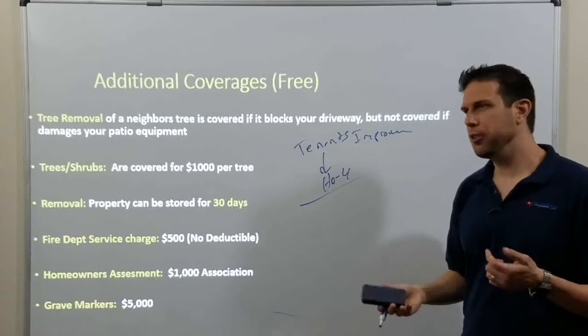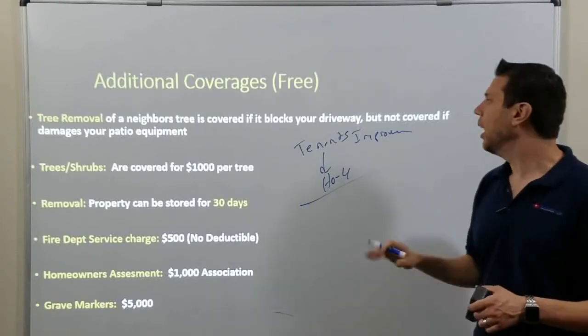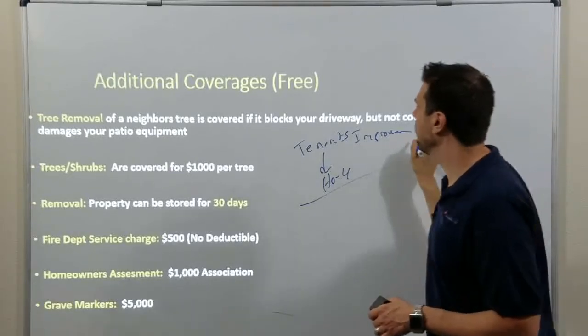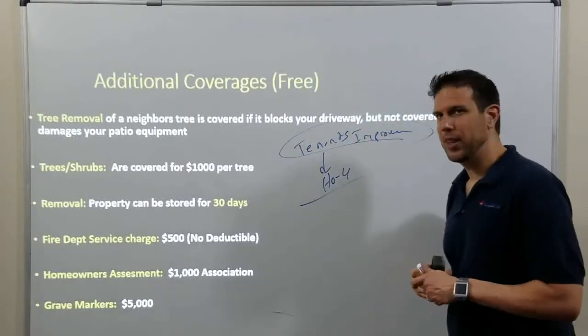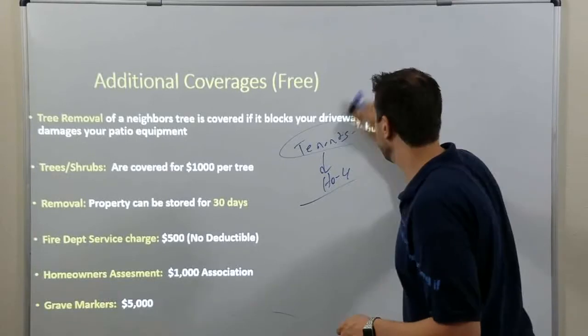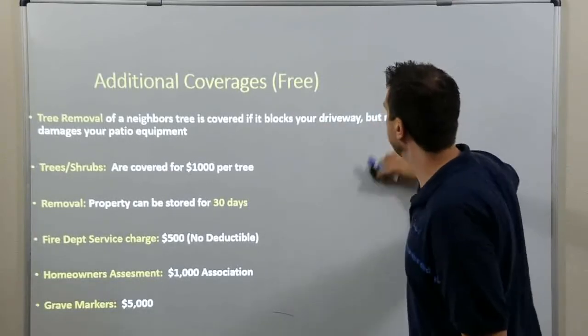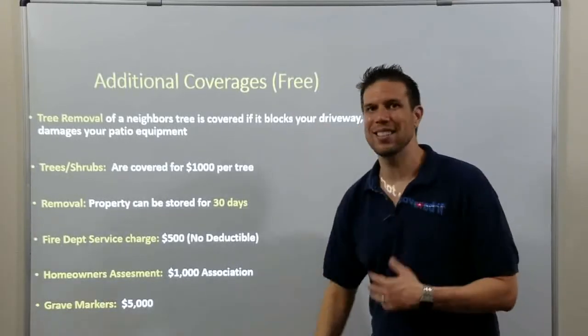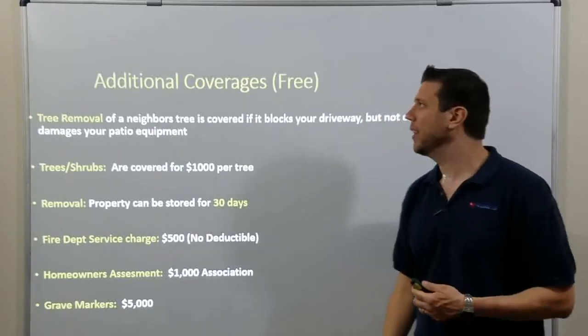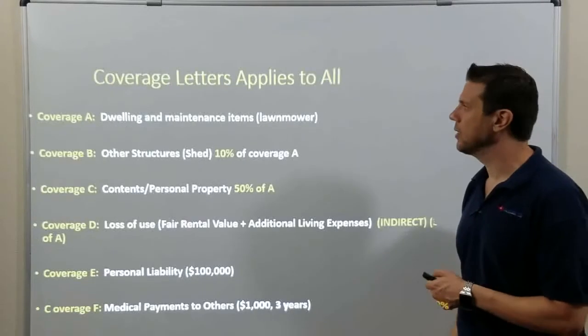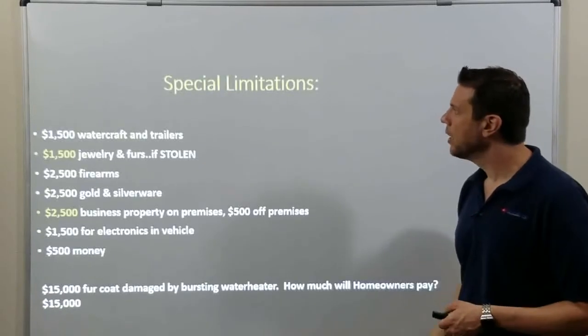So remember, the whole HO4 doesn't have coverage A deal. If they ever improve their apartment, they do get coverage under tenant's improvement. That's a tricky question on the test. They like to ask you which type of homeowner's policy has tenant's improvements, and that's going to end up being the HO4. That's an additional coverage. It doesn't actually fall under any of these.